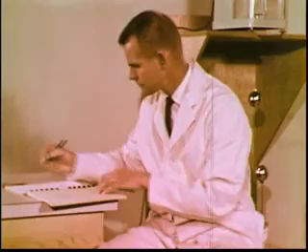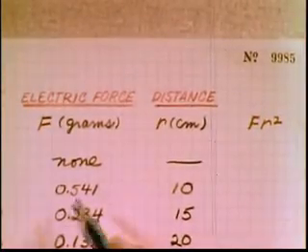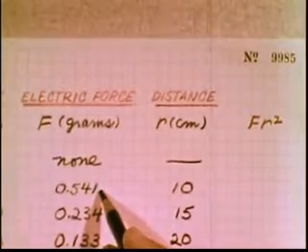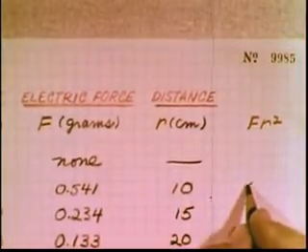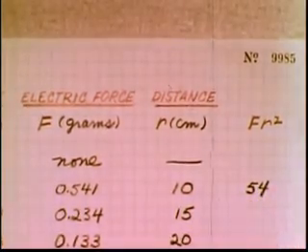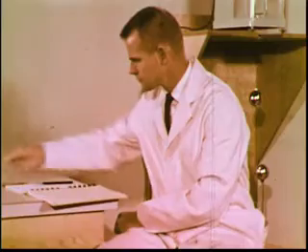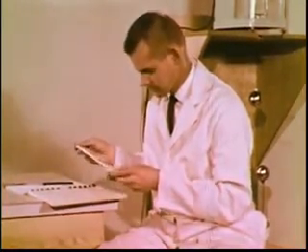Let's find out. For the first measurement, 0.541 grams times 10 squared is about 54. In a similar manner, we can calculate the values for the other distances.